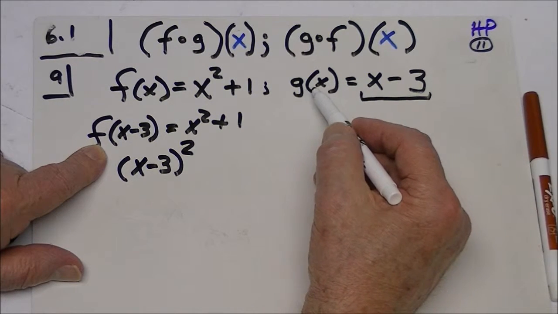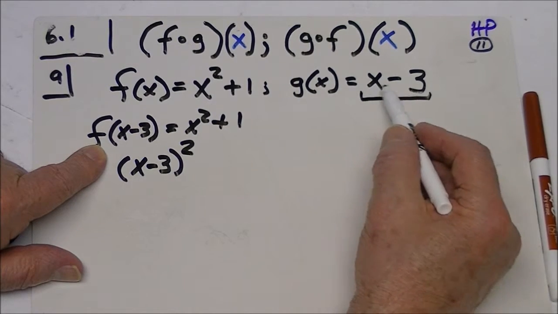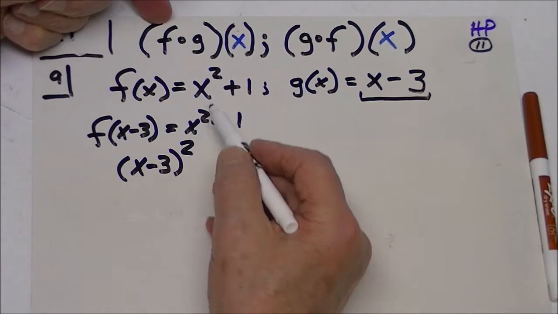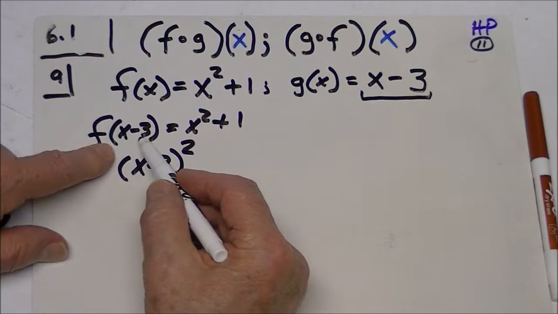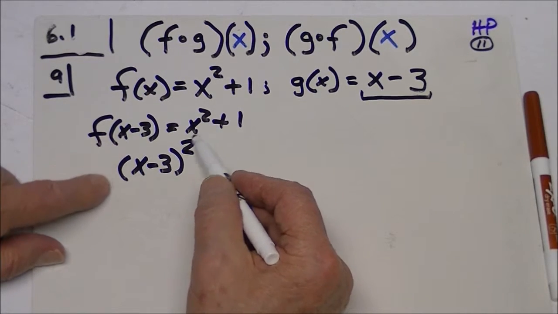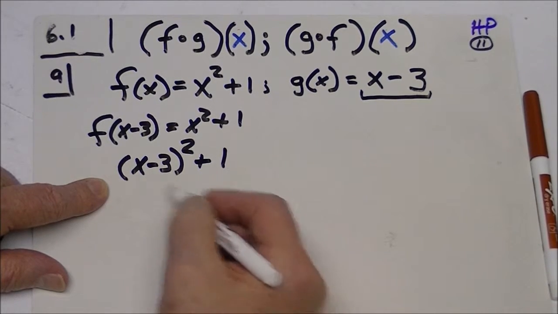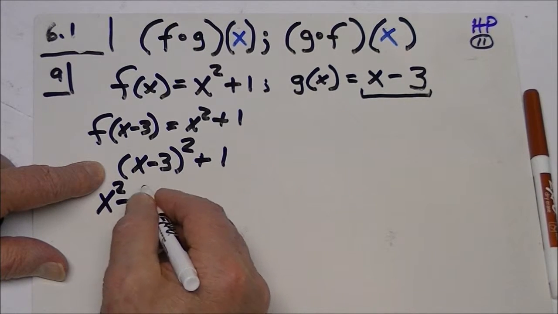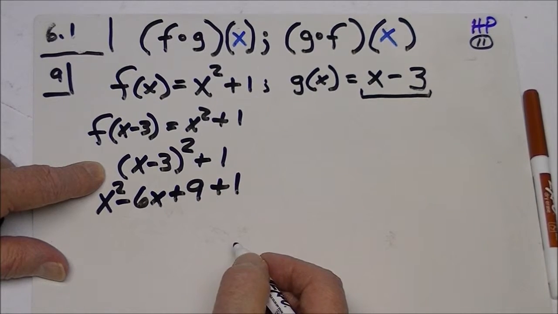So again, this is our g value, and we want to find the x. So this is the x that we're going to replace in our f function. So our x here replaces this. We substitute it in our expression, and we get that. And it's plus 1, of course. Now we square a binomial. This is x squared minus 6x plus 9 plus 1.